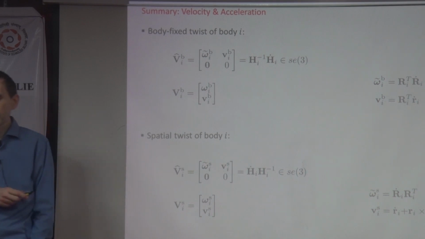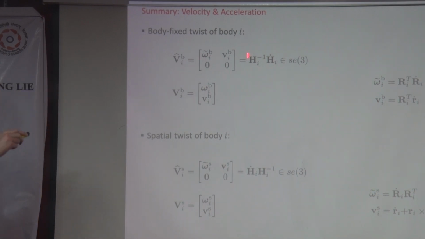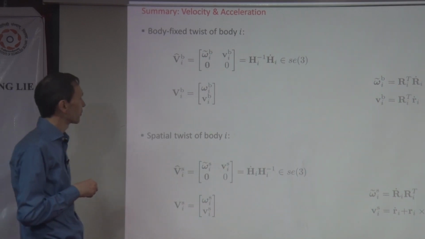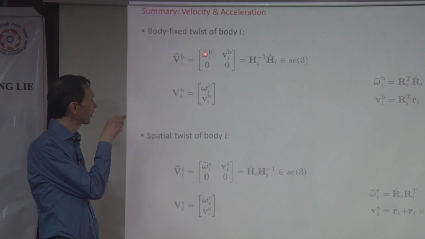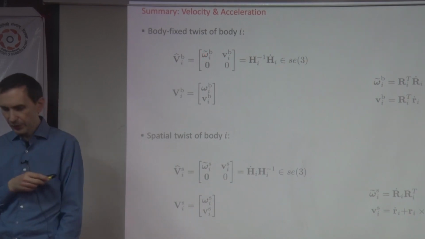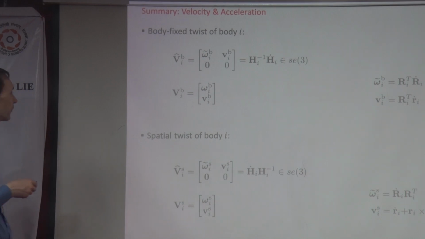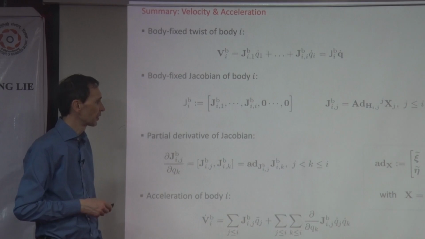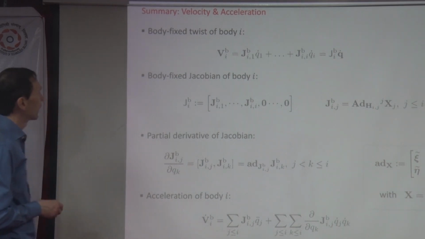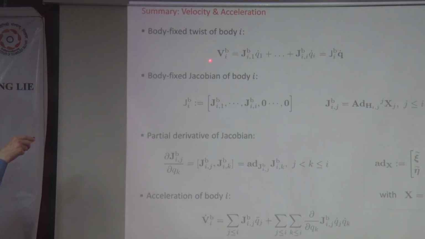And as we saw yesterday, this 4 times 4 matrix corresponds uniquely to a 6 vector by just taking out the vector here, the linear velocity, and by taking out the vector that's in the skew-symmetric matrix, which is the body fixed angular velocity. And then we have the space fixed version, which we don't really use. Yeah, then we had the twist.